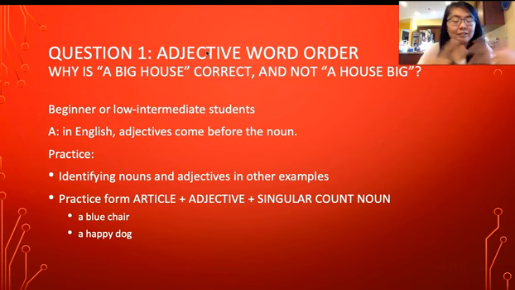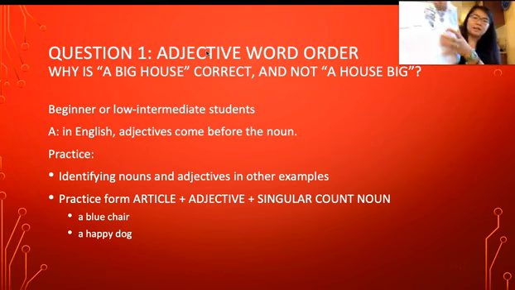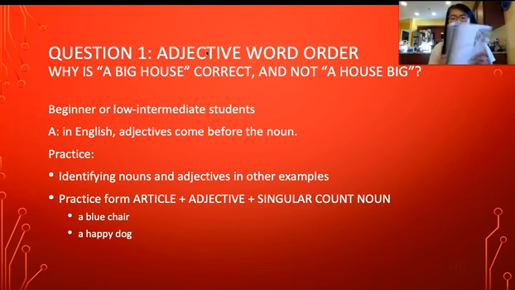Anyway, to give practice, identifying nouns and adjectives in other examples is a great way to start teaching or giving practice. So it can be identifying adjectives and nouns in your textbook or reader. For example, we're going through this book in our classes, and this is a level 3 class reading, so our highest proficiency level.